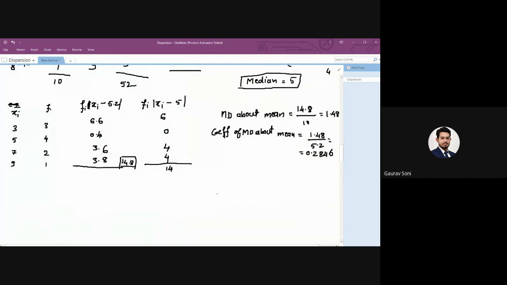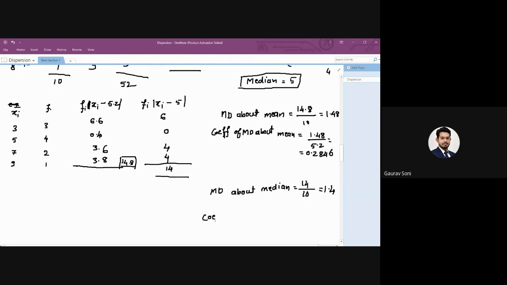The mean deviation about median is equal to summation fi mod xi minus median, which is 14, upon 10, which is 1.4.